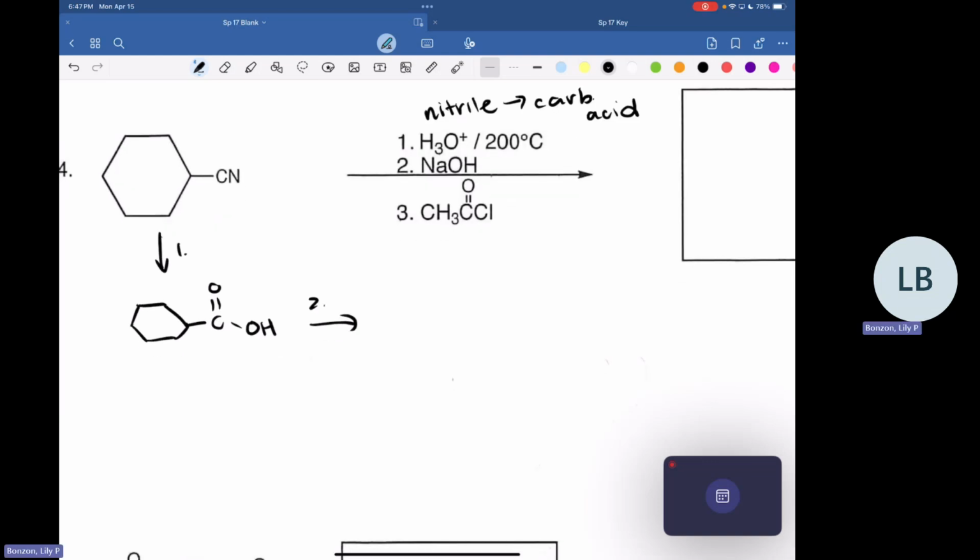All right, step 2, we have NaOH. This one is a strong base, so this one is just going to deprotonate our carboxylic acid hydrogen.